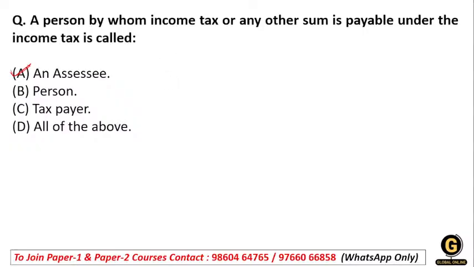The assessee may be an individual person, a company, a firm, an HUF, etc. The person, a broader term, covers the individual, company, HUF, firm, etc., but is not necessarily subject to tax.